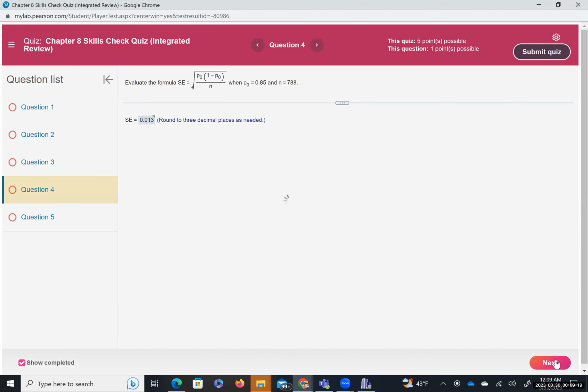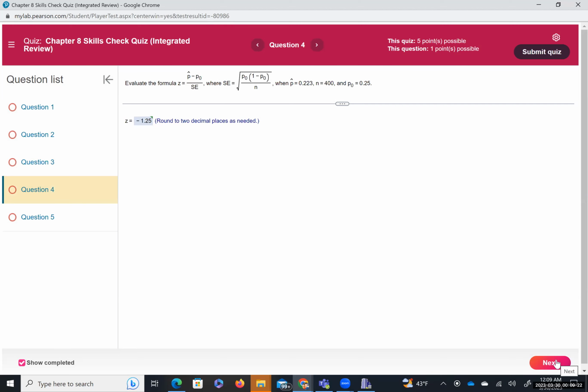Next, number 4. Number 4, using P, another z-score formula that has the sample proportion minus the null proportion, and then divided by the standard error.